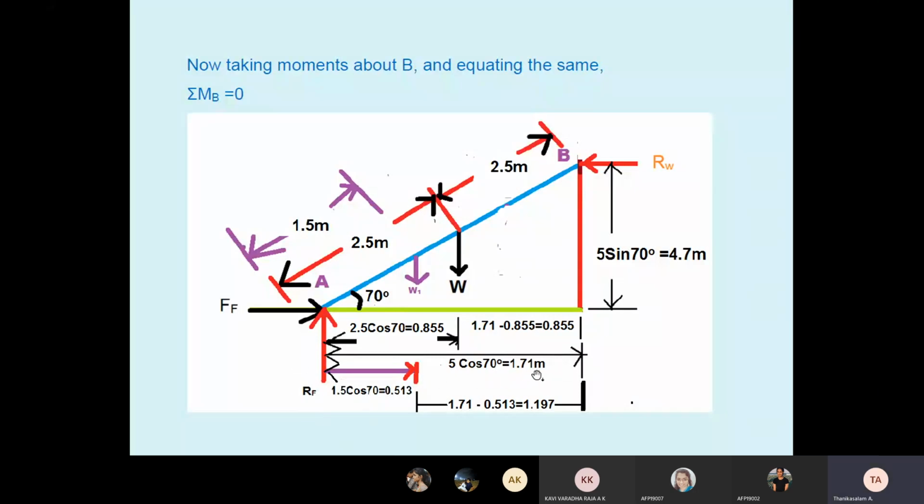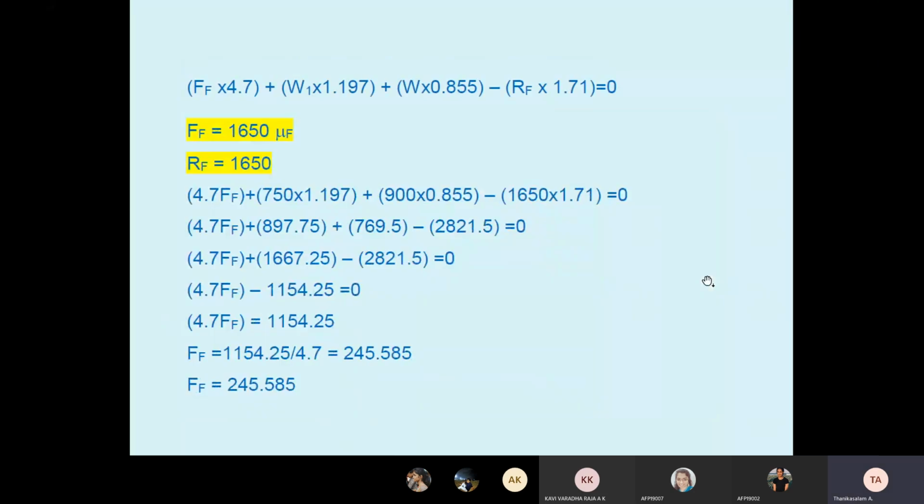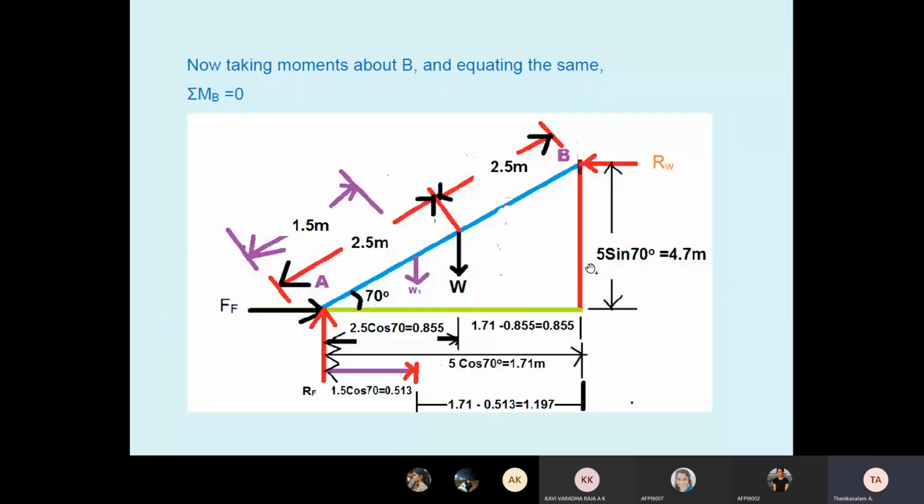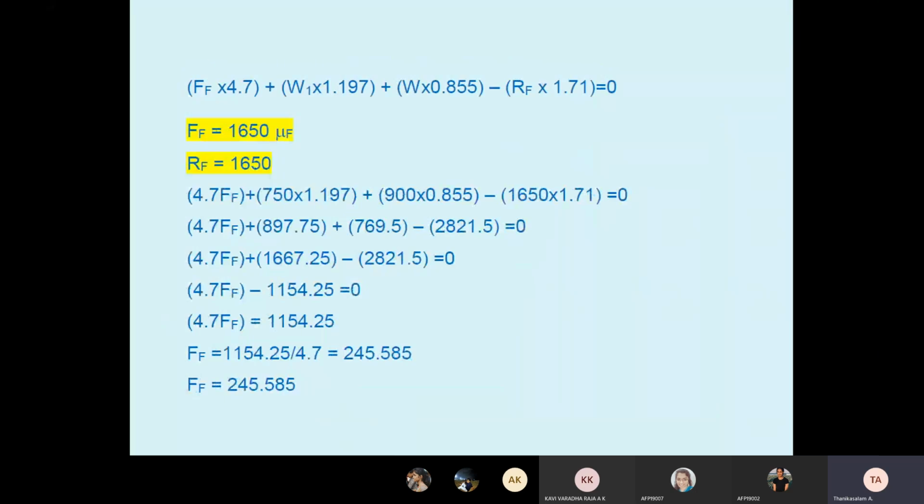RF into 1.71 clockwise. Then FF, see FF acting here, we project along the AC point here. Therefore, FF into 4.7 meter, anti-clockwise, plus. Then W1 into 1.197 anti-clockwise. Then W into 0.855.